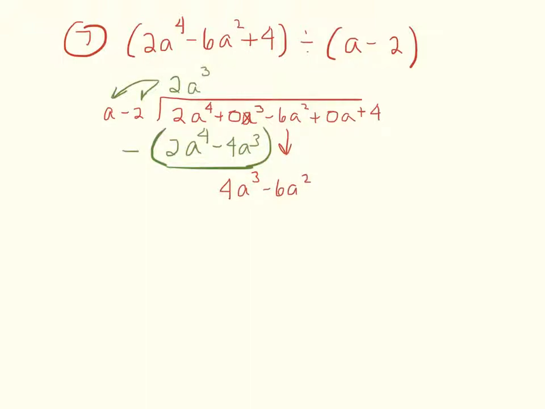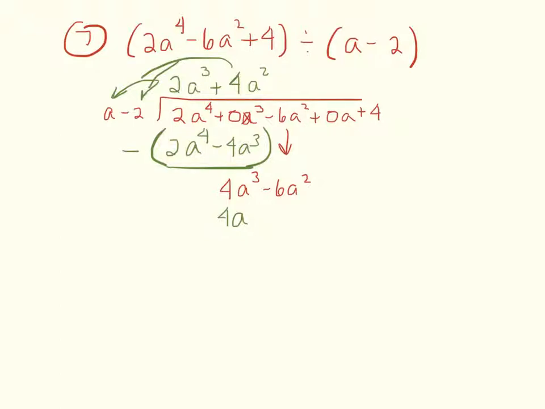Okay. Now I'm repeating the process. a times what gives me 4a cubed? The answer to that is a 4 to get the 4 and an a squared to get a total of a cubed. And I distribute that. I get 4a, oops, not 4a cubed, my bad, 4a squared right there. Okay.